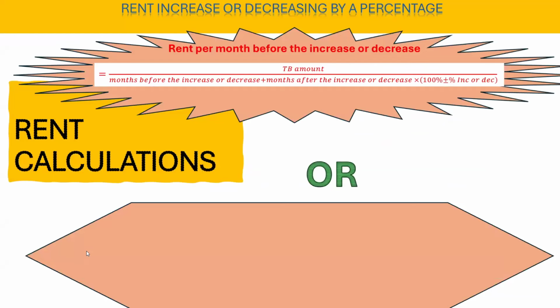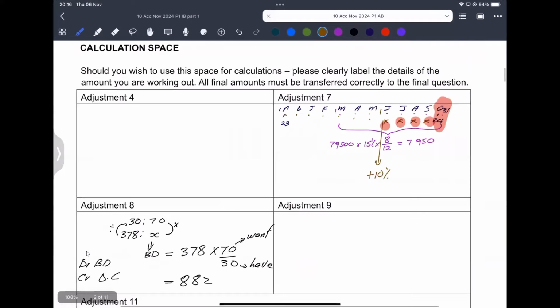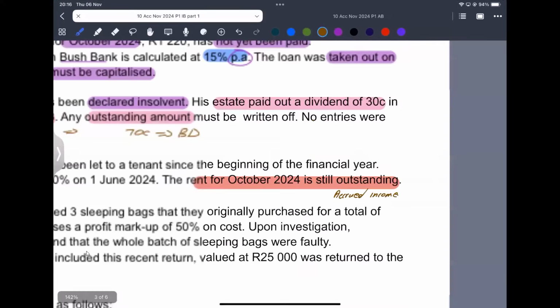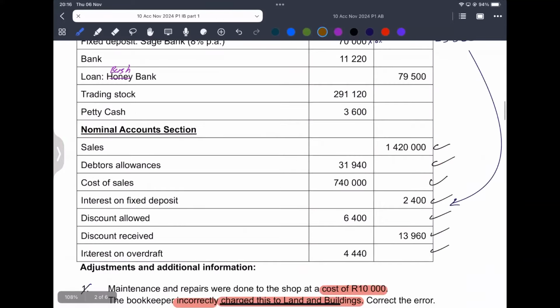Let me just get rid of everything. Amount for rent in the trial balance, how much will it be? If it's not in the trial balance, you just have to check your answer book. It should be there. Can I go back, check? So if you look in the pre-adjustment trial balance, there's no rent income here.